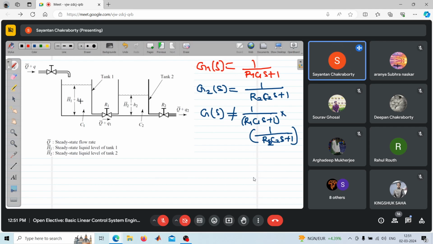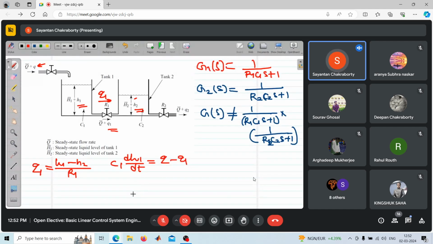See, first of all, for tank 1, we can write Q1 is equal to (H1 minus H2) by R1. Because following a change Q in the inlet flow rate, the height has increased by an amount H1, and that has caused a flow rate Q1, which has caused a height increase in tank 2 by H2. The dynamics are C1 dH1/dt equal to net flow rate Q minus Q1.